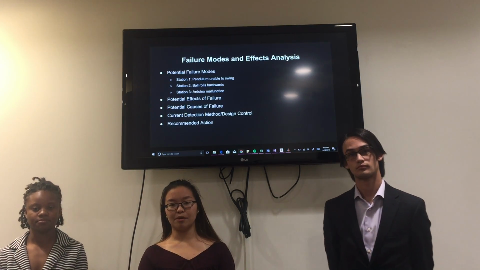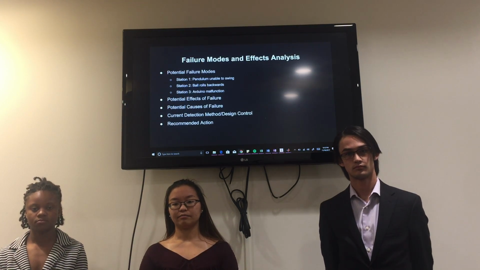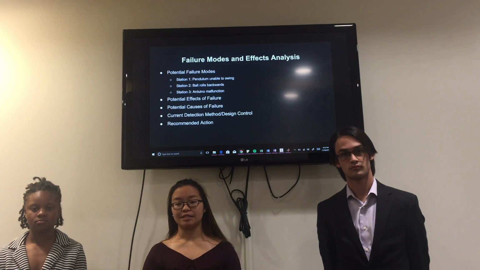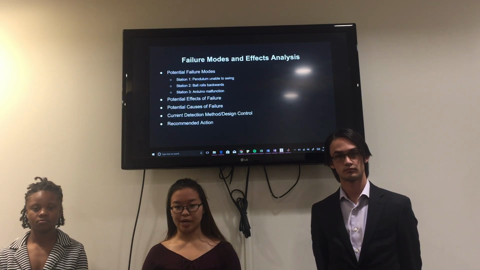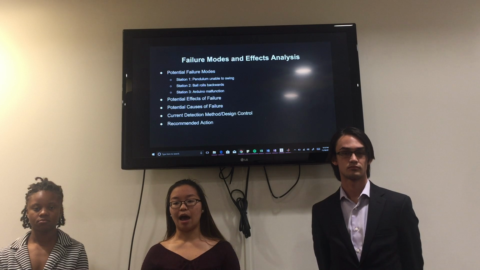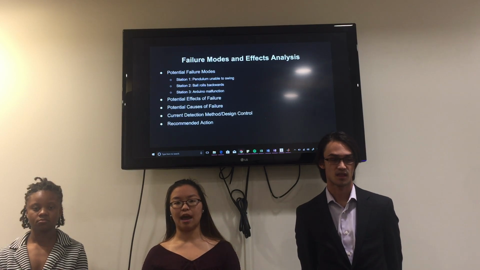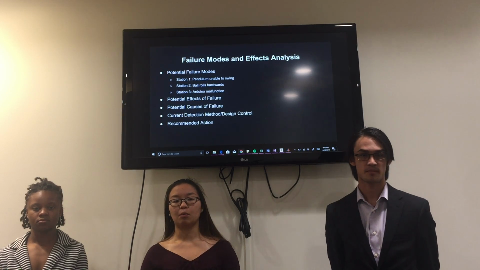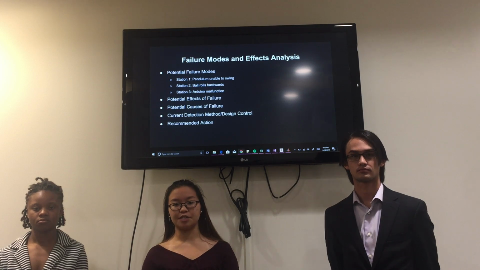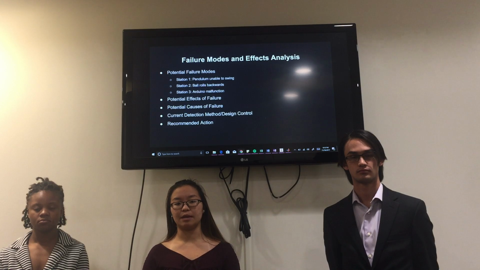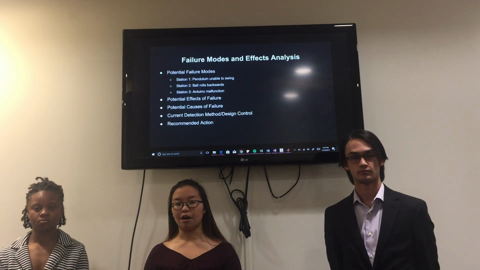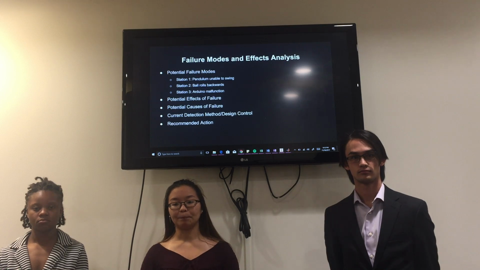For the failure modes and effects analysis, we identified certain potential risks in each station, the causes of these risks, and how they could be prevented. One of the potential failure modes for station 1 is that the pendulum won't swing when it's hit by the domino. This can be caused by the screw on the pendulum rod being too tight.